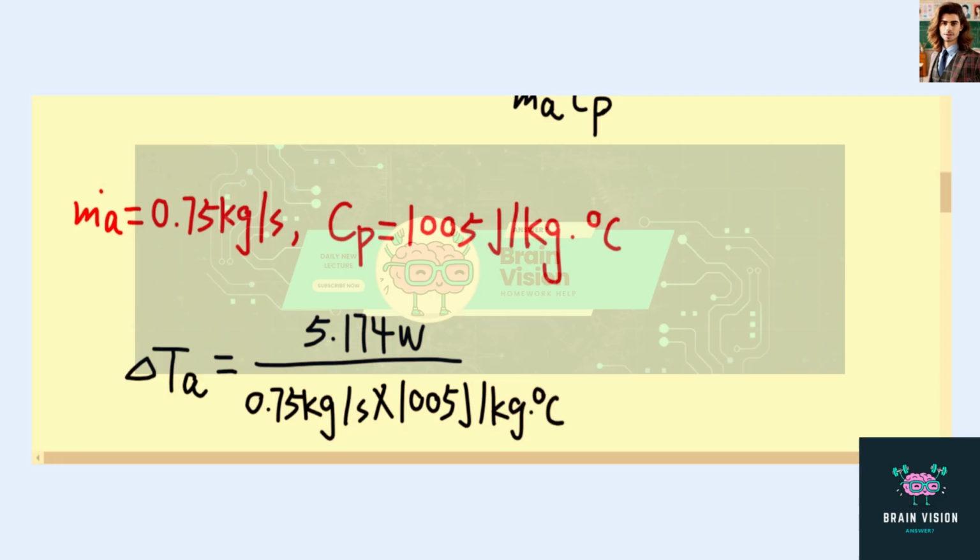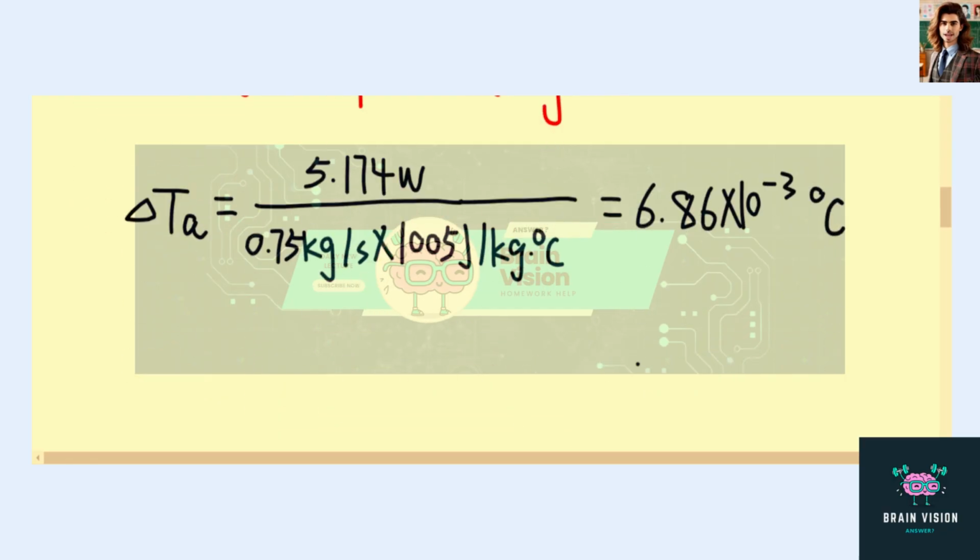And this will give us the temperature change is about 6.86 times 10 to the power of negative 3 degrees Celsius. And these are the answers for this question.